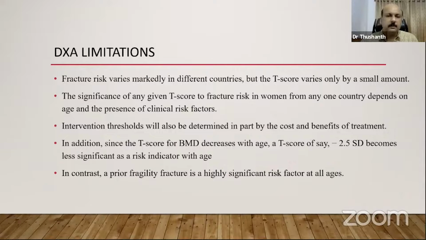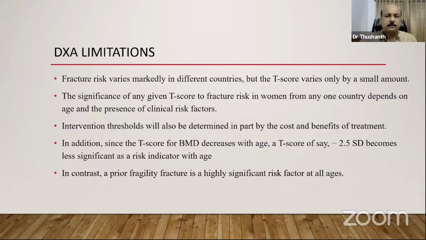We have to take into account several other factors which will be important in assessing the fracture risk of the patient. As the age increases, a t-score value of minus 2.5 standard deviation becomes less significant because naturally the t-scores decrease with age. For somebody around 80 years of age, minus 2.5 doesn't necessarily mean that there is high risk.